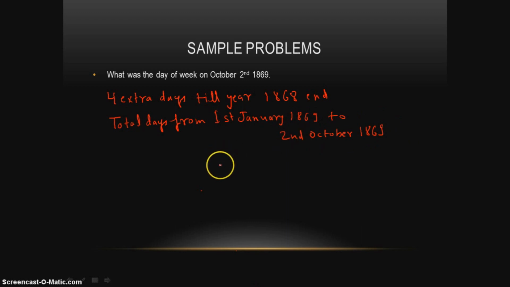So if I see that, there are two ways of doing this. First thing is I can list down the number of days in each month, that is 31 days in January, 28 days in February since it's not a leap year, and keep on going till 30th of September, and then calculate 2 days in October. But I will rather apply a bit more intelligent way, that is this.